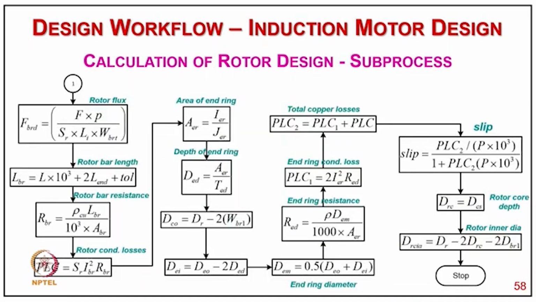Next we calculate the rotor flux, then rotor bar length, rotor bar resistance, rotor conductor losses, then area of the end ring, depth of the ring, and then the diameter at that depth and end ring diameters, then end ring resistance, then the total copper loss or total winding loss in the rotor.